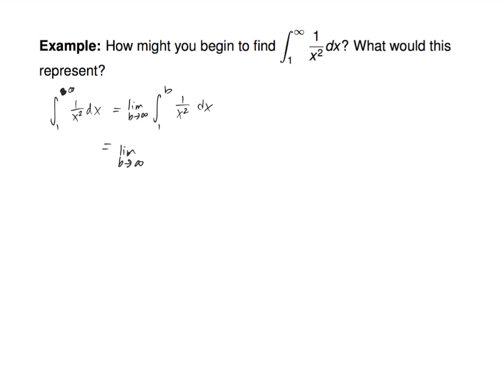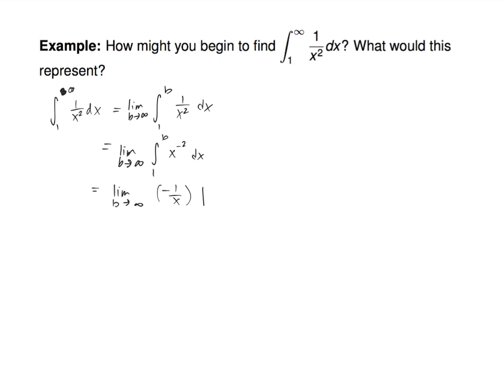So now, how about the integral? Can you find that definite integral now? Yeah, so let's rewrite that as x to the negative 2. What's the antiderivative of x to the negative 2? Negative x to the negative 1, or negative 1 over x.